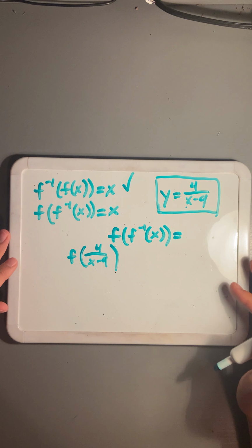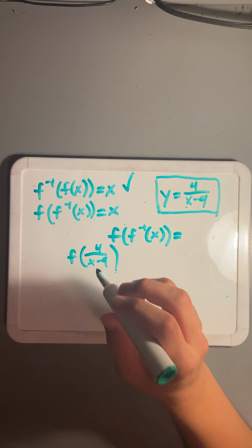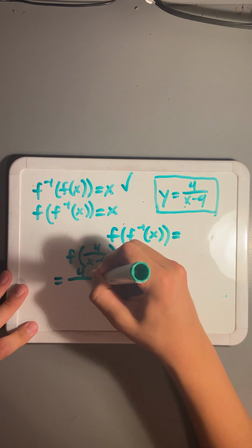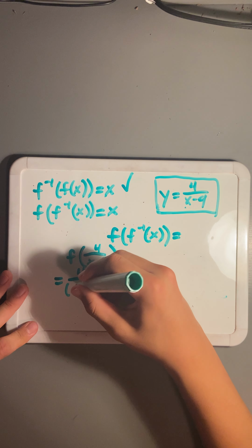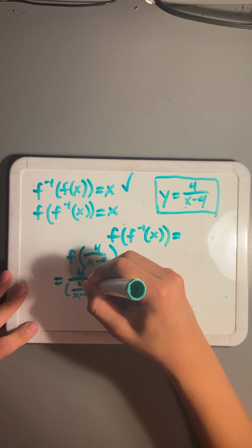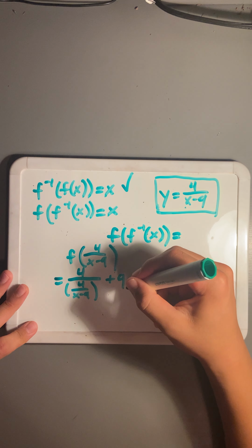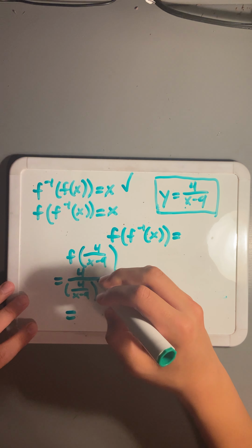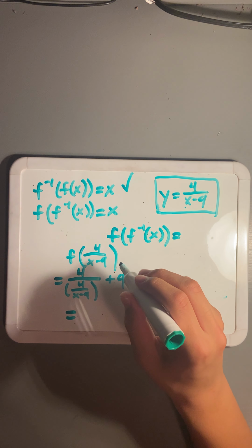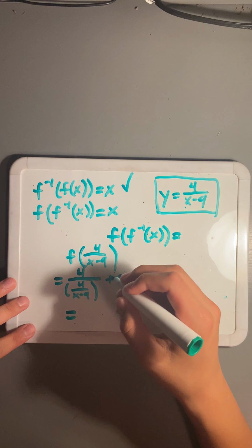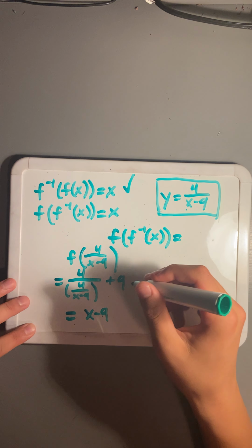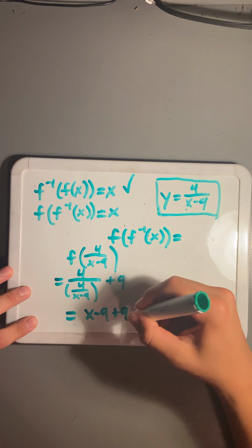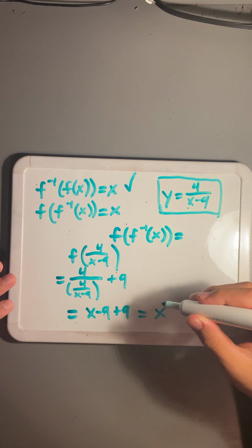Our original function is 4 over x plus 9, so let's go with 4 over x minus 9 plus 9. What this leads to is, because the 4's will cancel out, it's 4 times x minus 9 divided by 4, so you get x minus 9. 4 over 4 is 1, so you just have x minus 9. So x minus 9 plus 9 will become x.